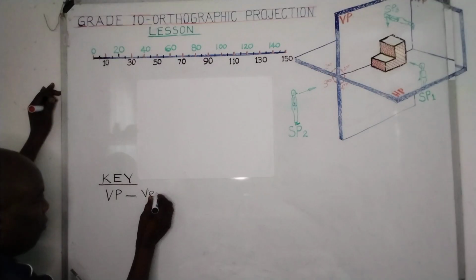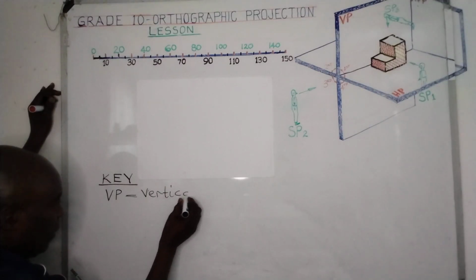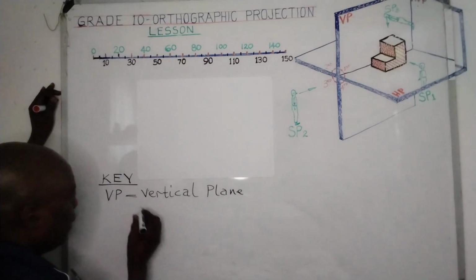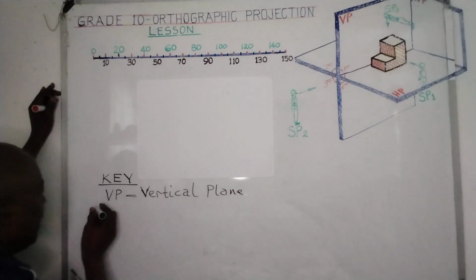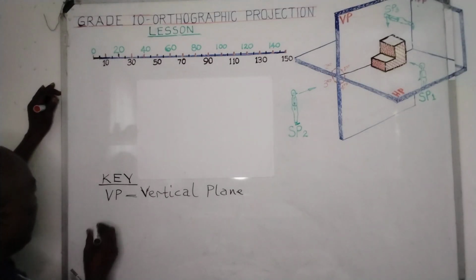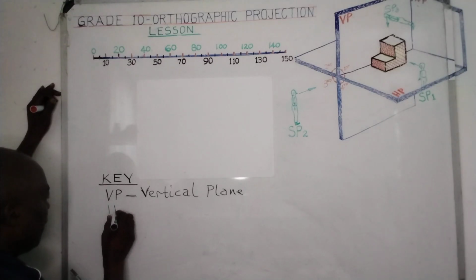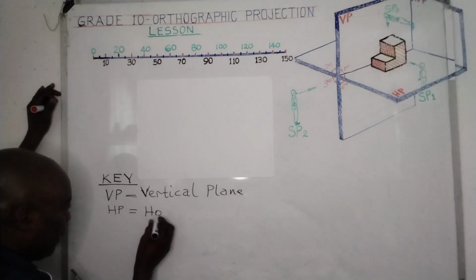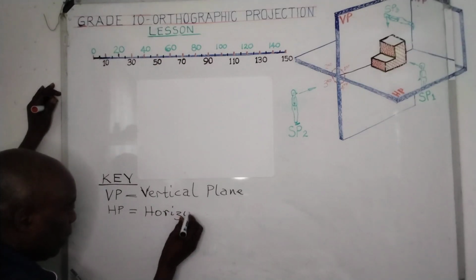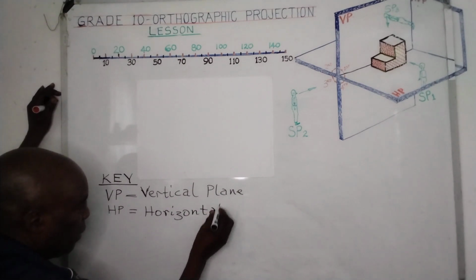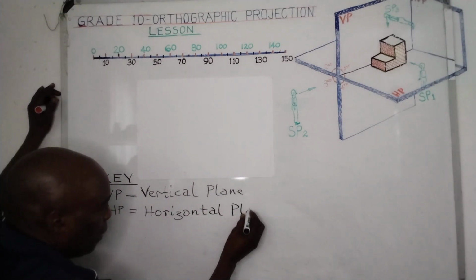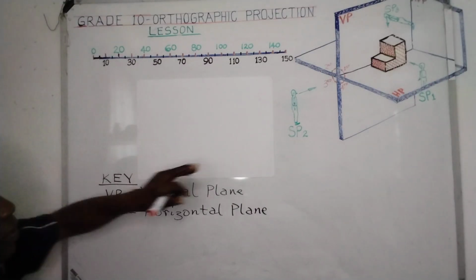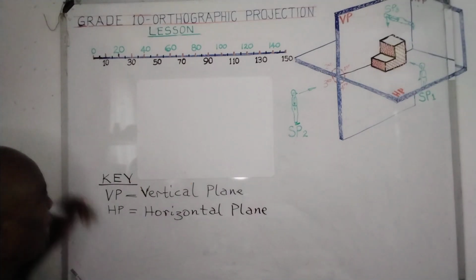And then we also have HP, it means horizontal plane. So this is VP, HP. And then we have on the side there, auxiliary vertical plane. Auxiliary meaning it is a helping plane to help you understand more on the views that you see.